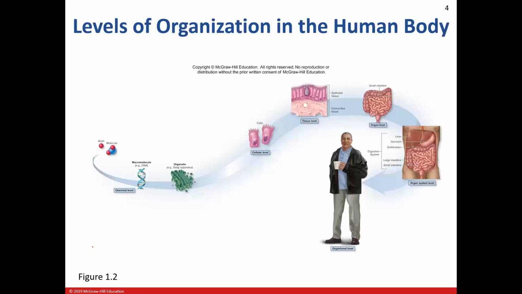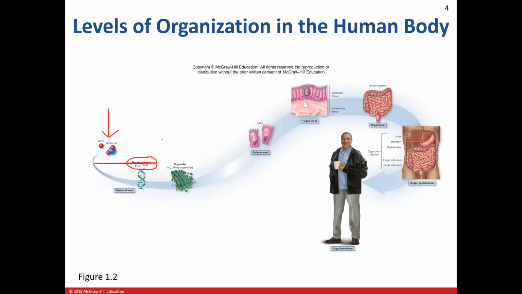Here you can see a picture of that. We'll be dealing with atoms and molecules, and then the progression up to macromolecules. If you're not sure what a macromolecule is, a protein is a macromolecule. Carbohydrates are macromolecules. Fat is a macromolecule.